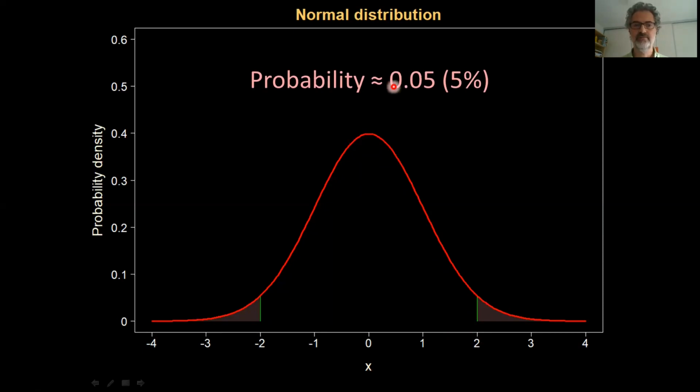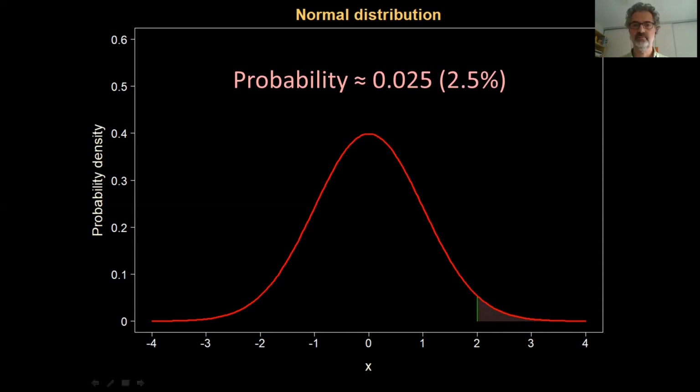So a probability of 0.05 is associated with the area outside of the range minus 2 to 2. Therefore, one side only would be half of that. What is half of 5%? That is about 2.5%. That is beyond 2, on the right side, on the positive side.